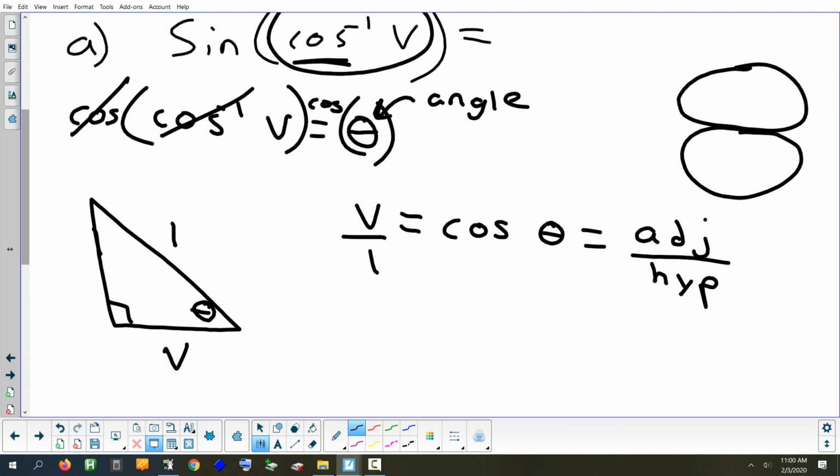So now if you take the cosine of this angle, you would have V divided by 1, adjacent over hypotenuse. And that's exactly what the equation said it should be, because this is what you had originally. The cosine was supposed to come out to V, and in that picture it does.